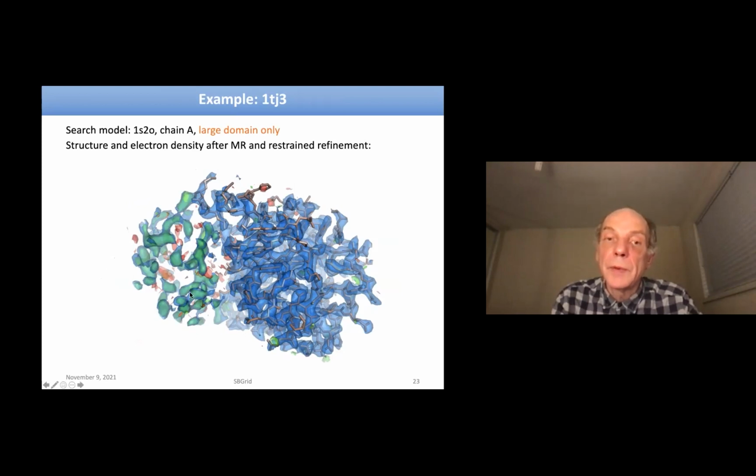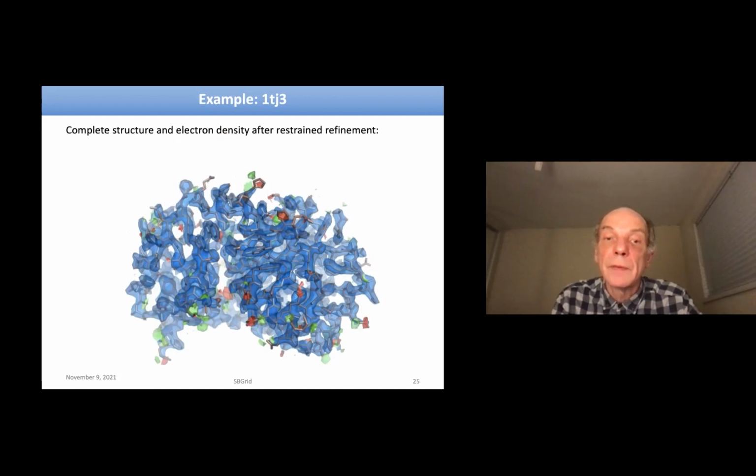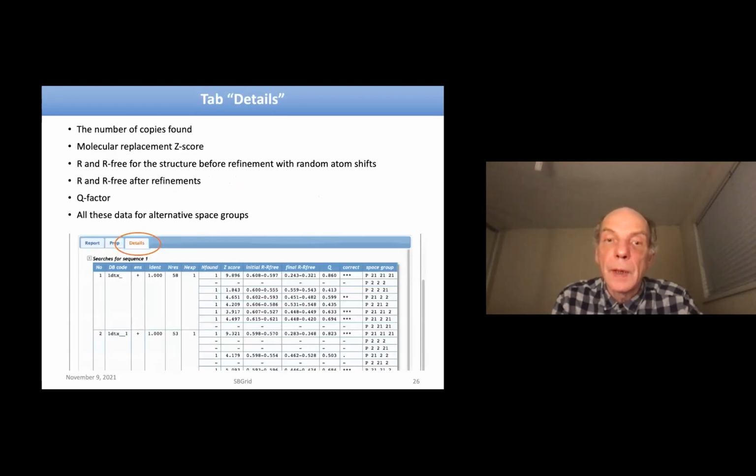Refinement will be performed, and the map for the second domain will help to put it much more precisely and actually in the correct position, so that the subsequent refinement will give reasonable R factors and eventually a Q-score for selecting this model as the top hit.